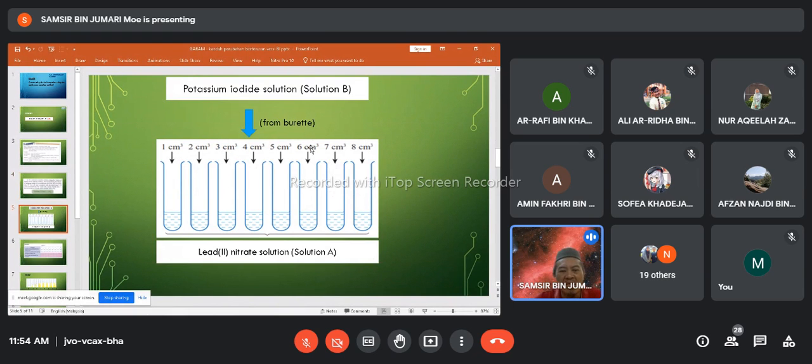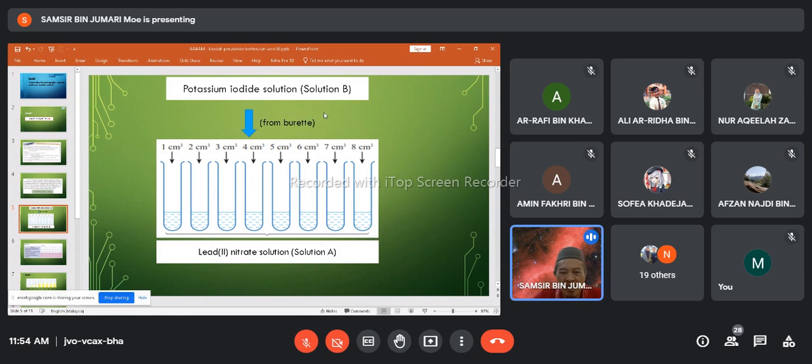Usually we add the potassium iodide from the burette into the lead(II) nitrate solution, for example. That means we can take one solution as the manipulated variable. We can choose the lead(II) nitrate as the manipulated one.